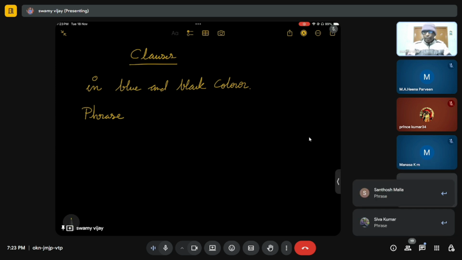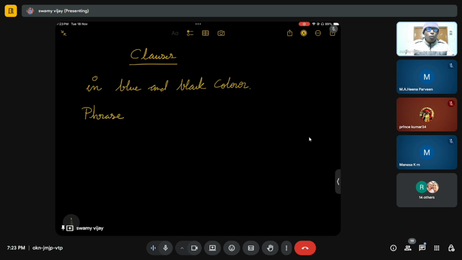Wren and Martin, or any other standard English grammar book, says that a phrase means a group of words, part of a sentence, which has no full meaning or sense. Here, in blue and black color, we don't know what is in blue and black color, why, where, or which object. So a phrase means a group of words, part of a sentence, which has no meaning or sense.